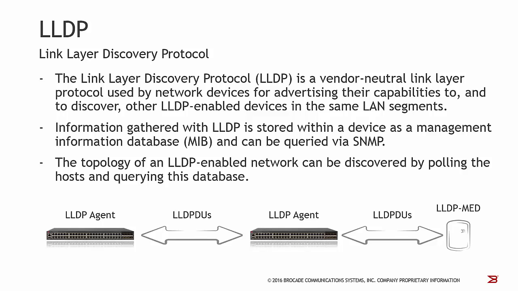The topology of an LLDP-enabled network can be discovered by polling this information from the devices. LLDP not only runs between network devices like switches or routers, but also between switches, routers and end systems. LLDP-enabled end systems like IP telephones or access points are also called LLDP media endpoint devices.